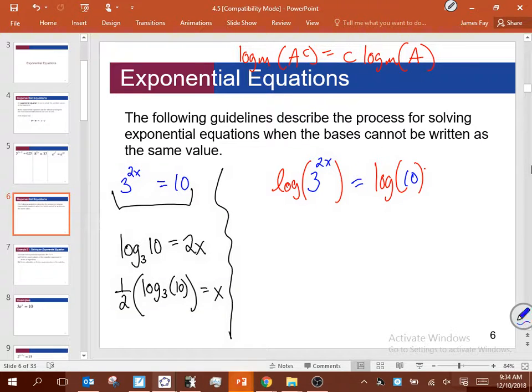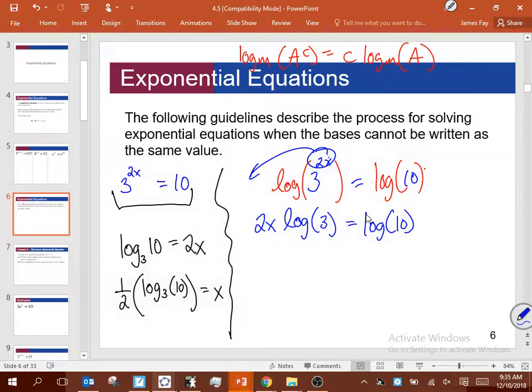So I take the logarithm of both sides. Now that allows me to take this, the c term, out front, correct? So 2x log 3 is equal to log of 10.